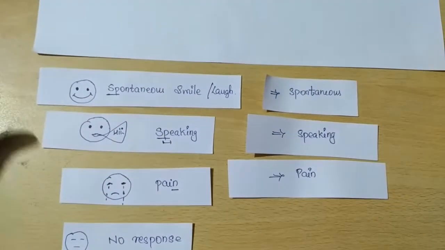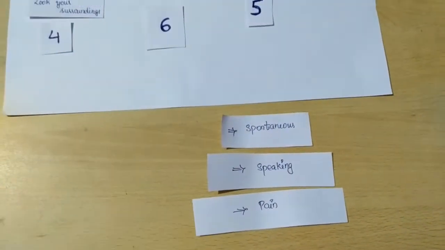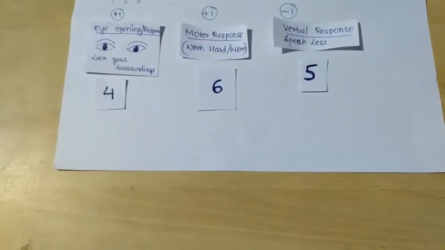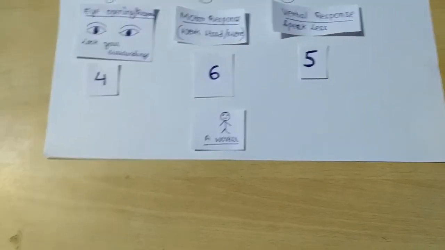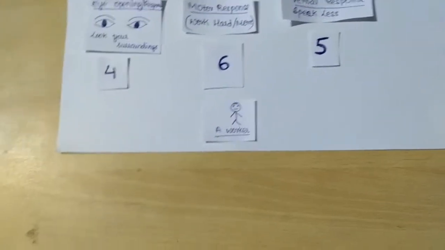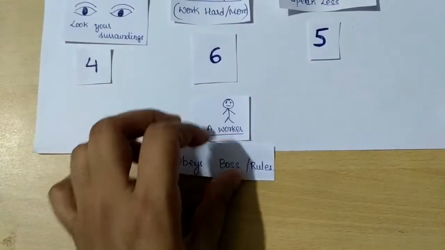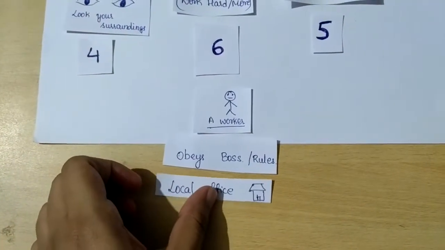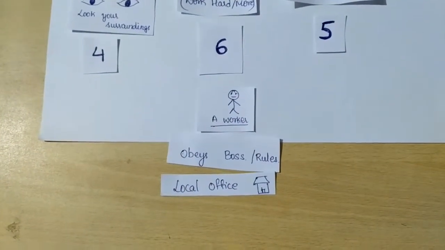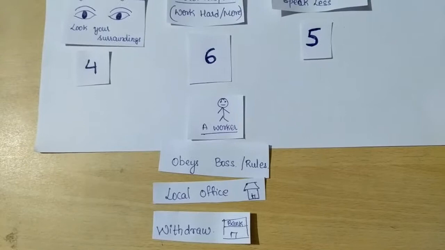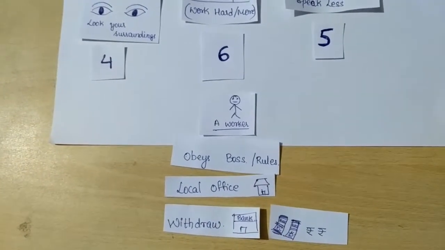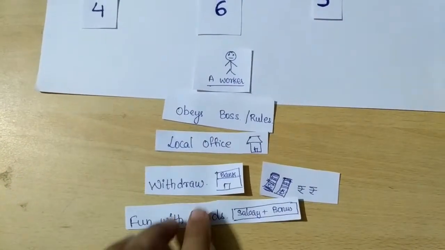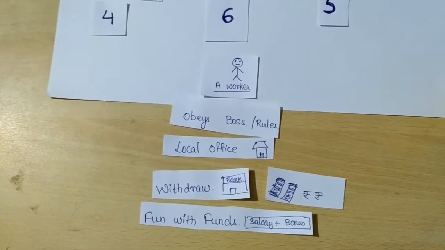Okay, now we will look into the motor component. As we have already said, one has to work hard, one has to work more. So a worker will come into the picture. If this worker obeys his boss or the rules at the local office, he can withdraw a handsome amount and can have fun with funds or friends.